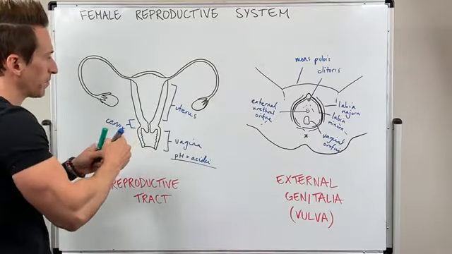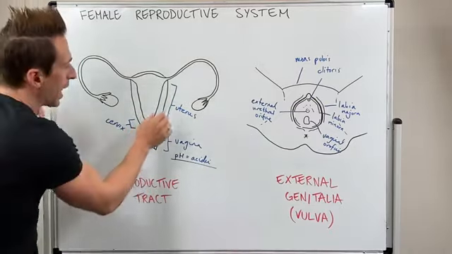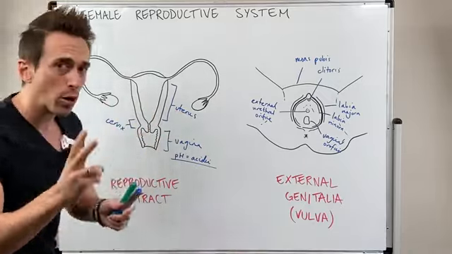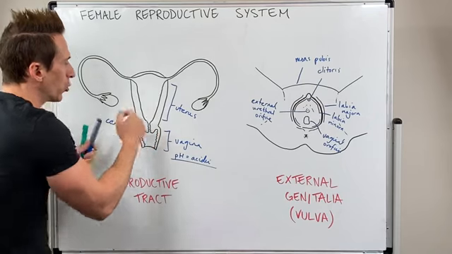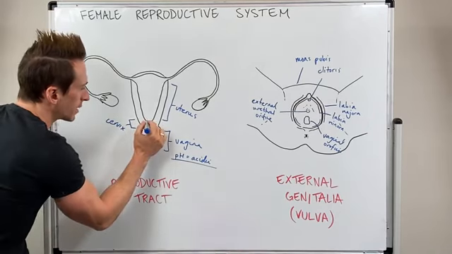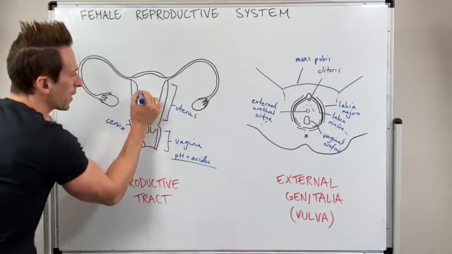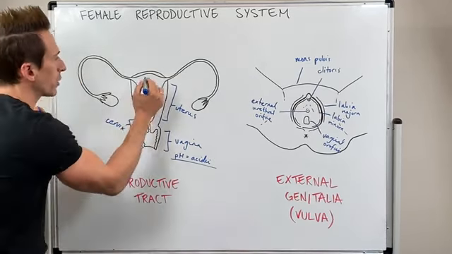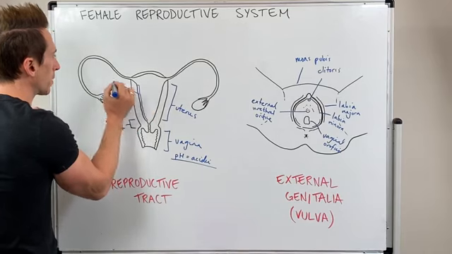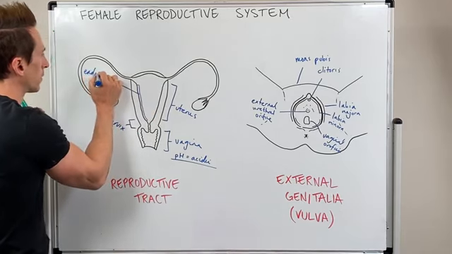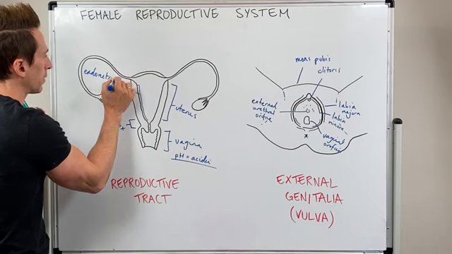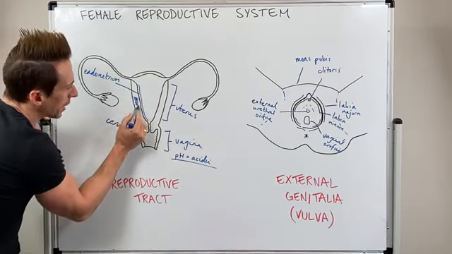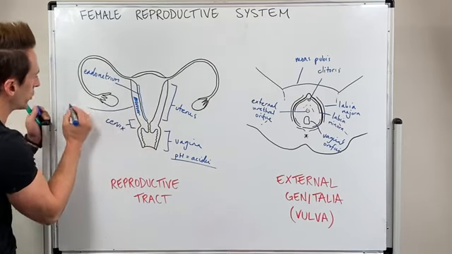Now, the uterus is a muscular body and it comprises a couple of important layers. The two I want you to be aware of are the most internal layer, which thickens when a woman becomes pregnant, called the endometrium, and then a thick muscular layer, called the myometrium.